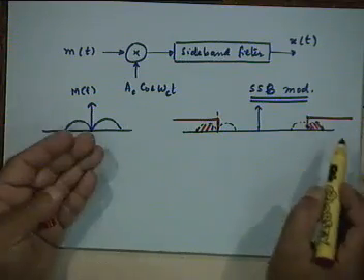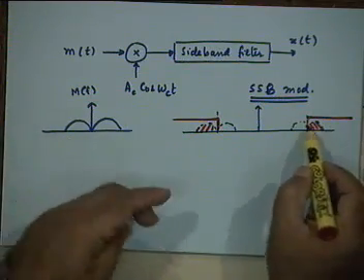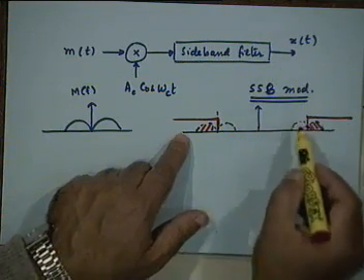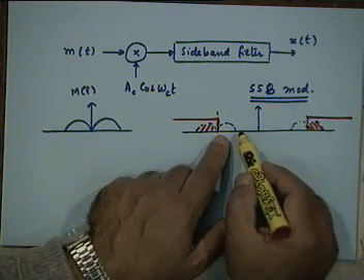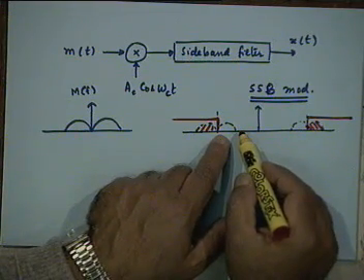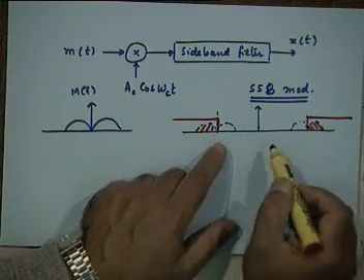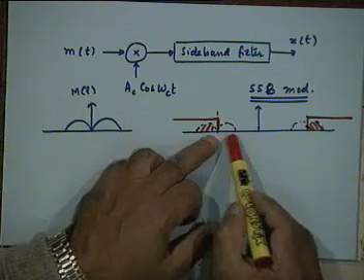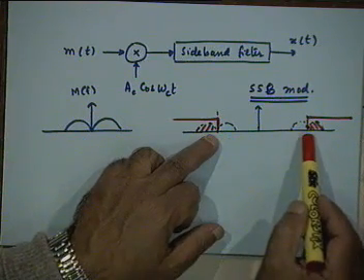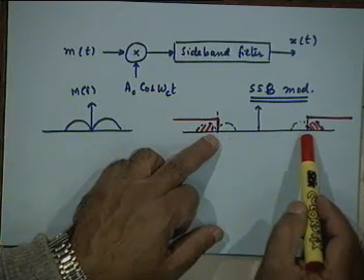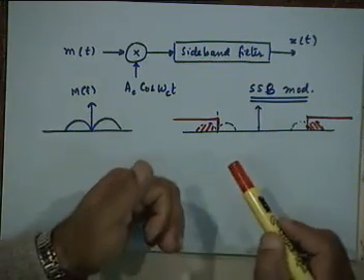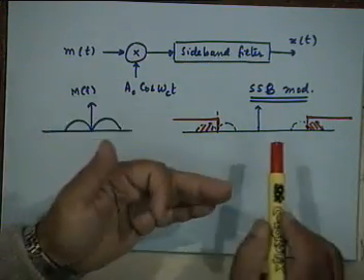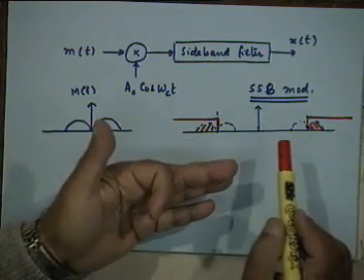For |f| greater than fc, the transfer function is 1, so it will pass this spectrum to the output, and this spectrum will get attenuated or suppressed, eliminated, right? If you want the lower sideband, you should have a low pass filter with a cutoff frequency of fc, right? So depending on whether you want the lower sideband or the upper sideband, you can use an appropriate filter, which ideally could be either high pass or low pass.